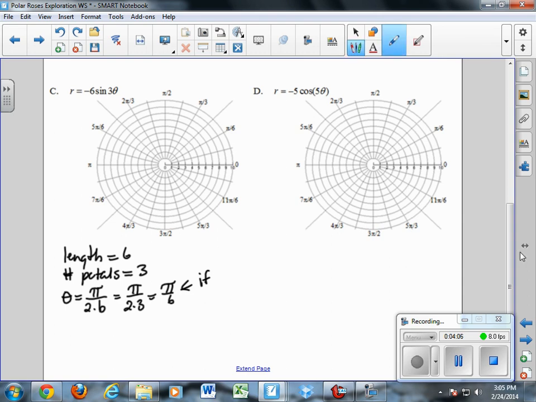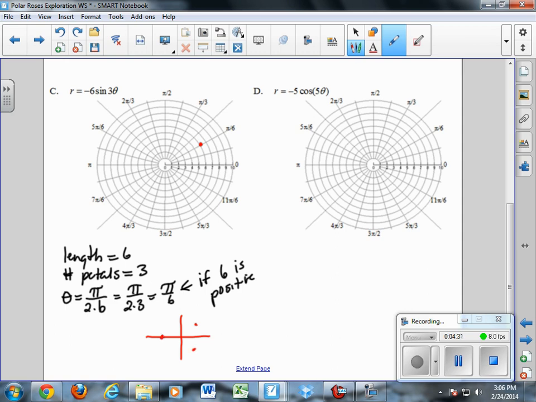So if the 6 were positive, but the 6 is not positive. So this is not where my graph is actually going to be, but I'm going to use it as a reference. I'm going to put a little dot there as my starting point. Then every other petal is going to be 120 degrees apart. If I have one here, I'm going to have another one here and another one here. These are all going to be 120 apart.